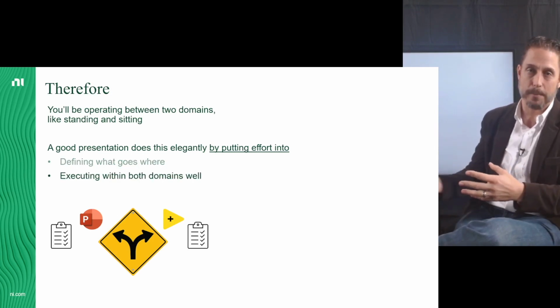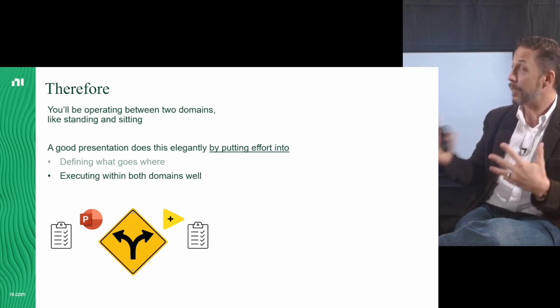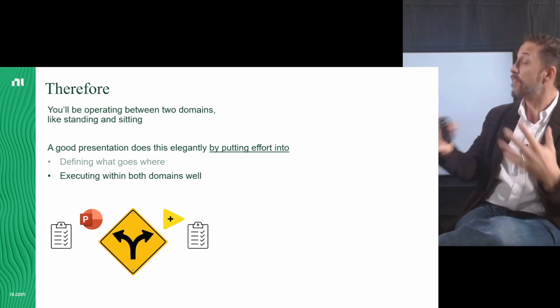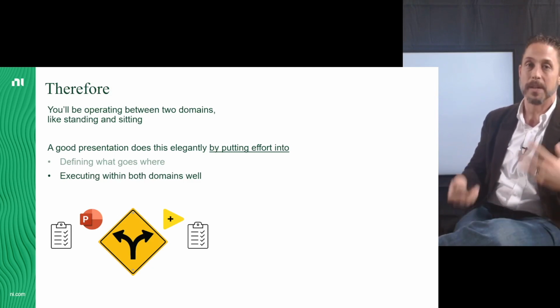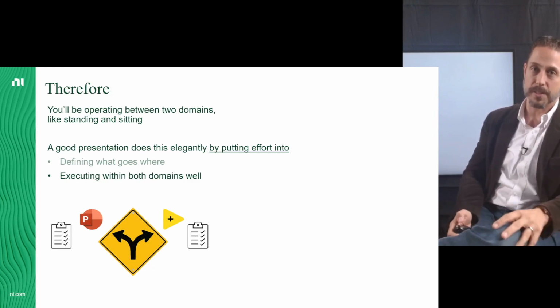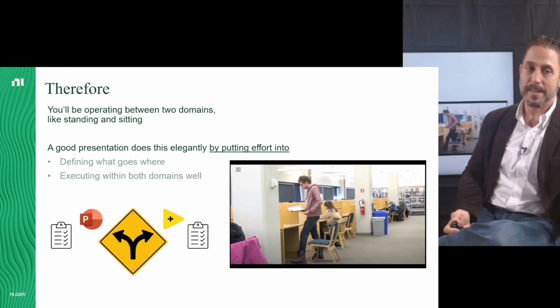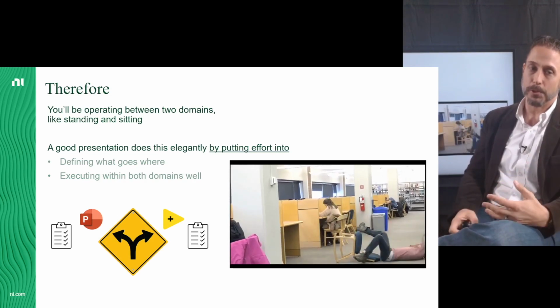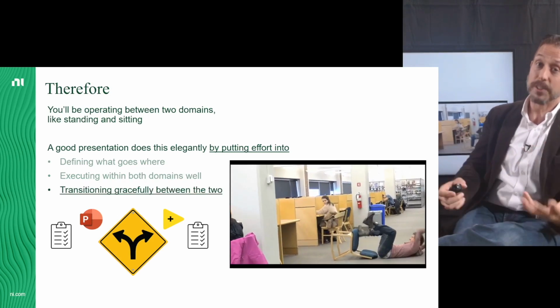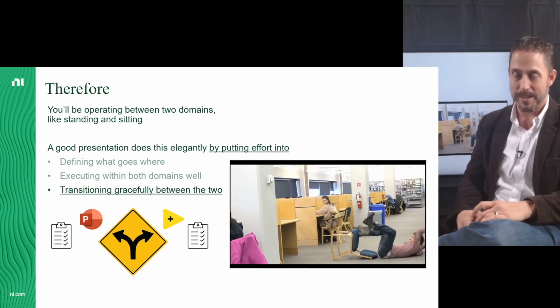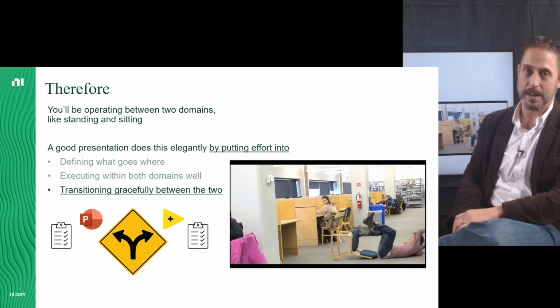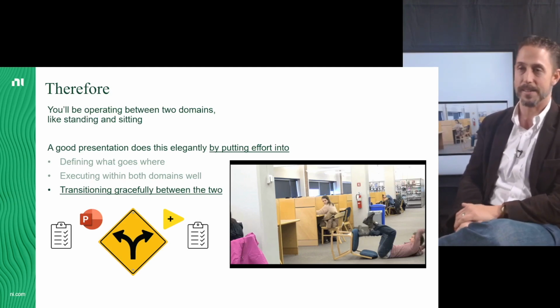Darren's examples of getting ready for the demos are a great example of doing that well. You have to have some skills to operate and do those things well. And then you need to be able to ideally gracefully transition between those two domains as well. Hopefully a lot better than our friend here trying to just sit down into the chair. It's that transition that can really bite a lot of times.